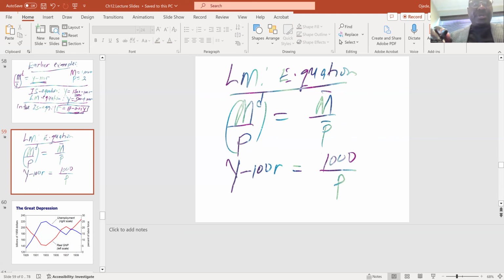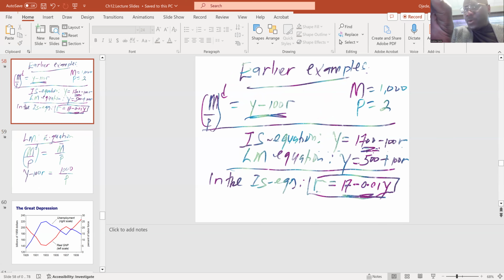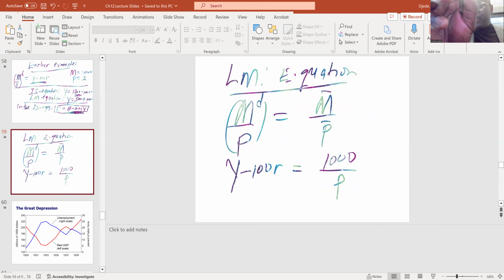Now, what I'm going to do is substitute the IS equation for R into this LM equation.